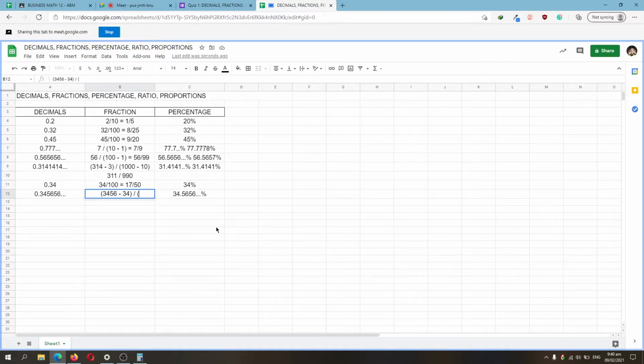Tapos, ano yung denominator natin? Ang denominator natin ay, ano ba ang 3, 4, 5, 6 na decimal place dito? That is tenths, hundredths, thousandths, ten-thousandths. So, 10,000. Minus, ano yung decimal place nung 34? Kasi yun hindi umuulit. So, tenths, hundredths.